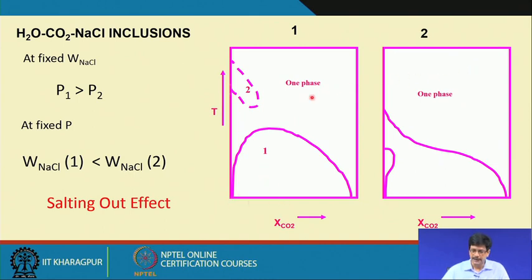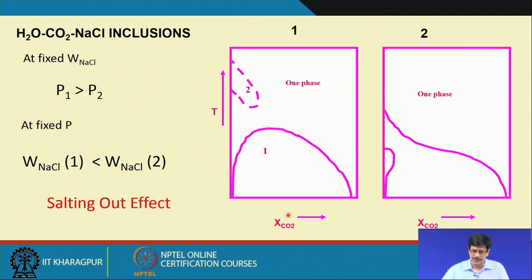So, these two diagrams which have been shown here represent such a pseudo binary, explaining the conditions in which there will be a one phase fluid and the situation where the fluid will be split up into two different phases, an aqueous liquid plus carbonic liquid. If we look at it very simplistically, diagram 1 and diagram 2.